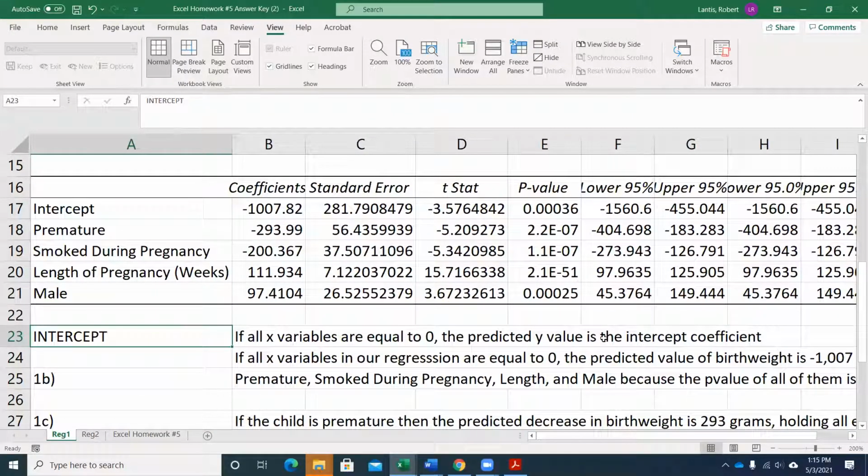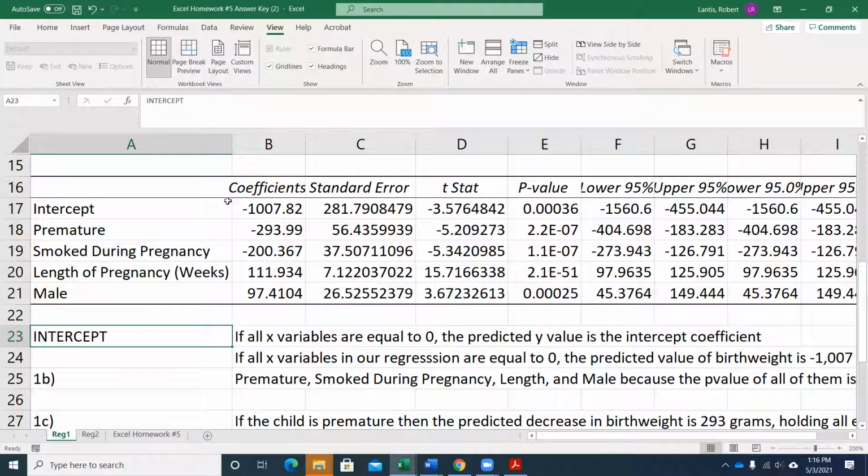Now, that seems really weird, but if we actually were to write this out, it would be not just if all variables are 0, but if it's not a premature birth, the mother doesn't smoke while pregnant, the length of the pregnancy is 0 weeks, and the child is female, the predicted birth weight is negative 1,007. Well, you can't see negative grams for birth weight.